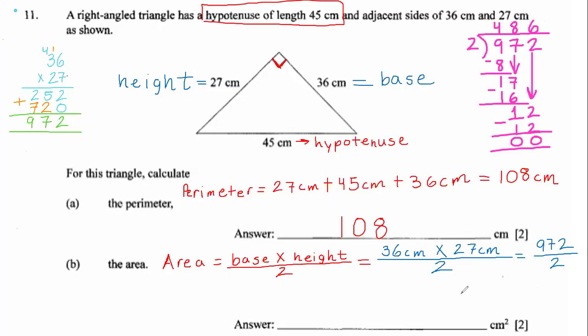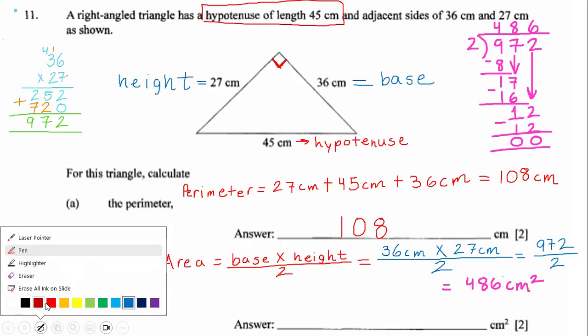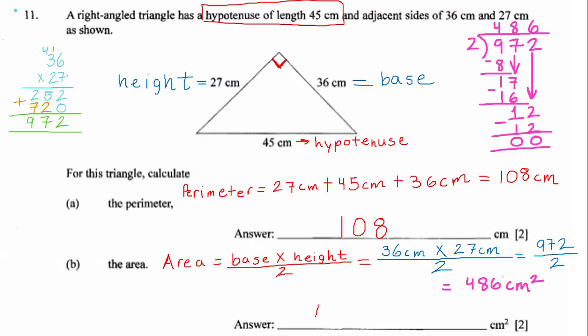Squared. Very good. So I was right, 486 centimeters squared. Anyone else got that? I had 486, I just didn't have the square.